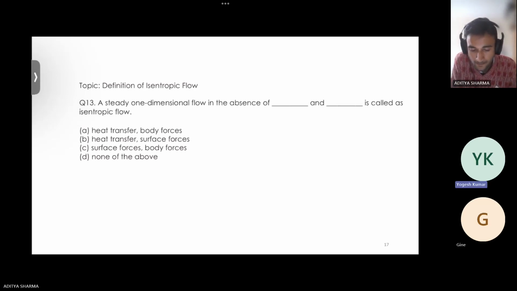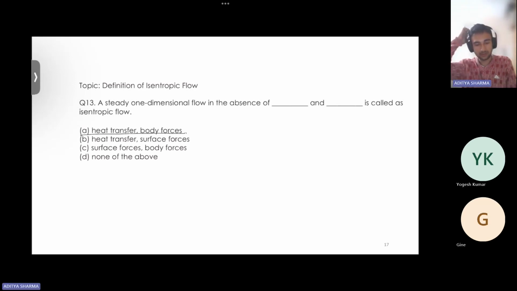Heat transfer and body force. What does Ginny say? No answer.